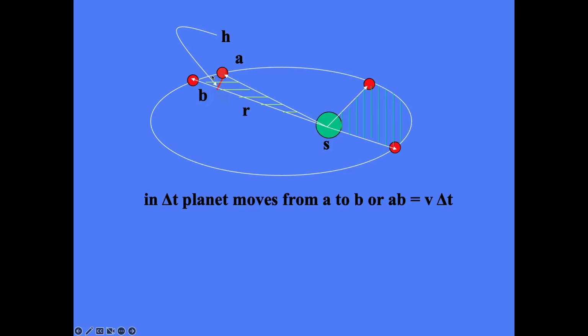So if we look at our triangle ABS, the height, the altitude of the triangle, is given by this red line you see here. This red line is the altitude of the triangle. The velocity vector is tangent to the orbit, so here's your velocity vector, and then you have your r vector, and the angle between those two vectors is theta.